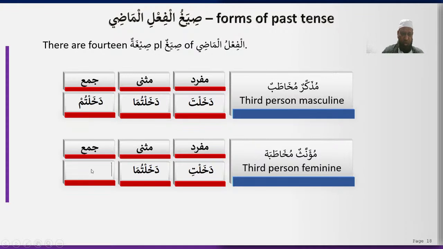Jama muannas mukhataba, dakhaltunna. So 6 forms of mukhatab, 3 for mudhakkar and 3 for muannas. These 6 sigas, remember the lam kalima will be sakin.